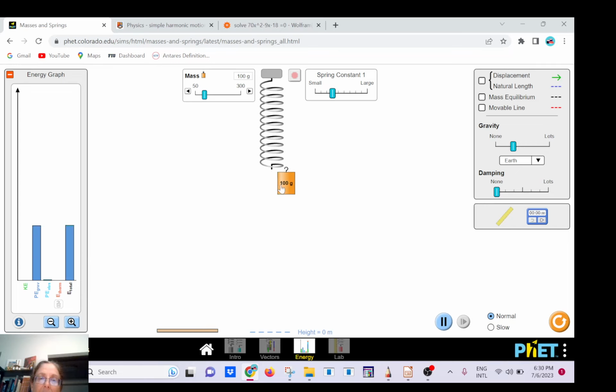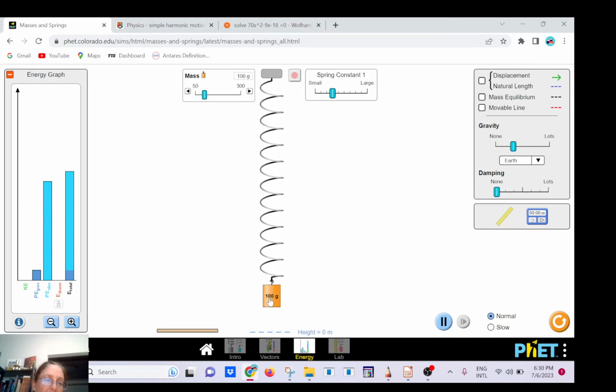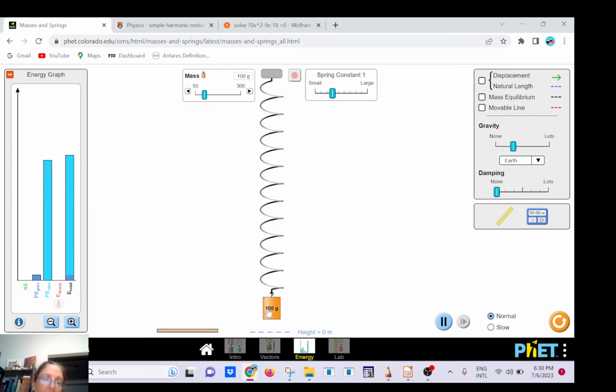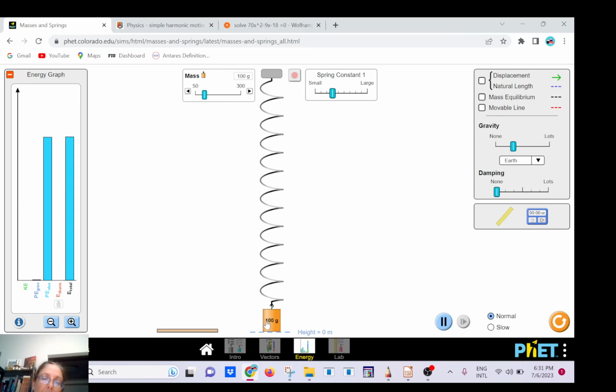So when I pull on the mass here, you see that most of the energy is going to be in the spring. So it's going to be here. Okay, so that means here there is no gravitational energy. All the energy is going to be elastic.